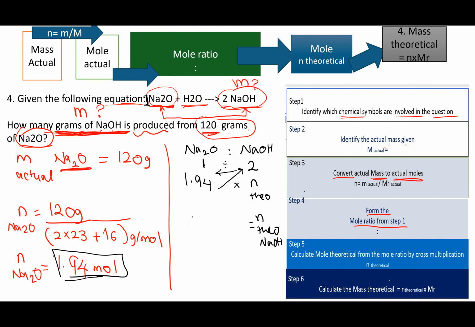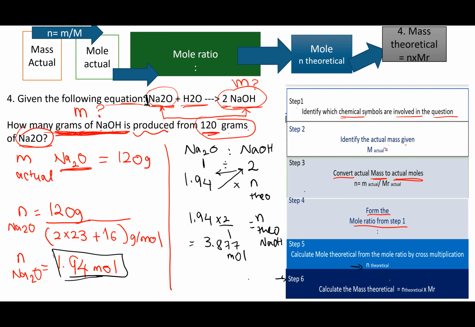So cross multiplication, 1.94 times 2 over 1. So that gives me now my theoretical moles, and that would be just this value multiplied by 2, which is now equal to 3.877, and I'm going to round it to 3.9. However, I'm going to use this value now in my next step. That's why I don't need to round yet. Now, I need to find, so now I calculated my theoretical.